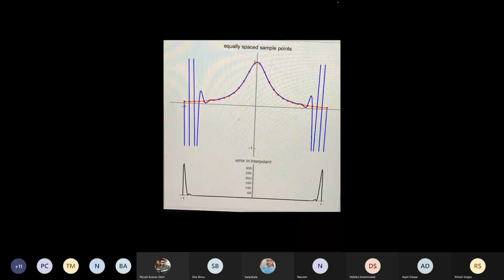Your error will keep on increasing. The blue one is the approximate solution, and the second figure depicts the error.